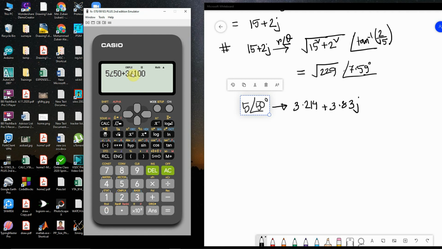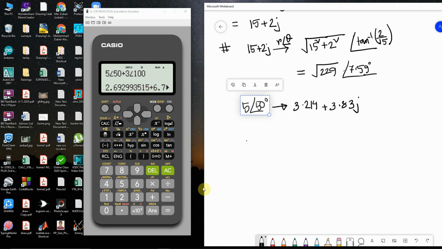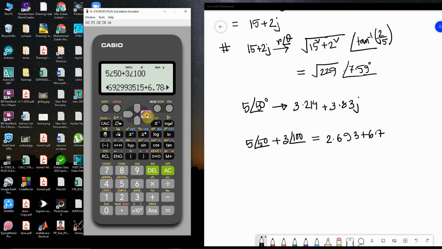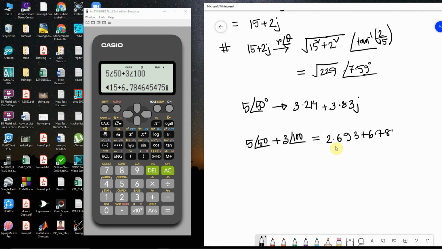Just simply write this and press enter, and the result will be, generally Casio calculators give the result in Cartesian format, which you can see is 2.693 plus 6.778, let's say 6.785j. So see that it gives the result in the Cartesian format.